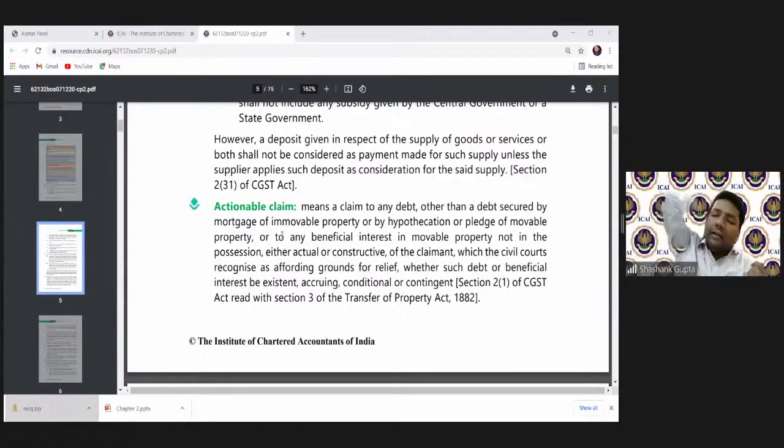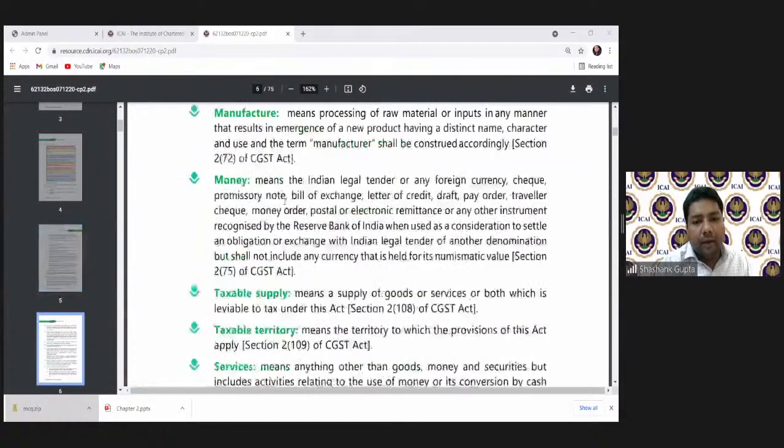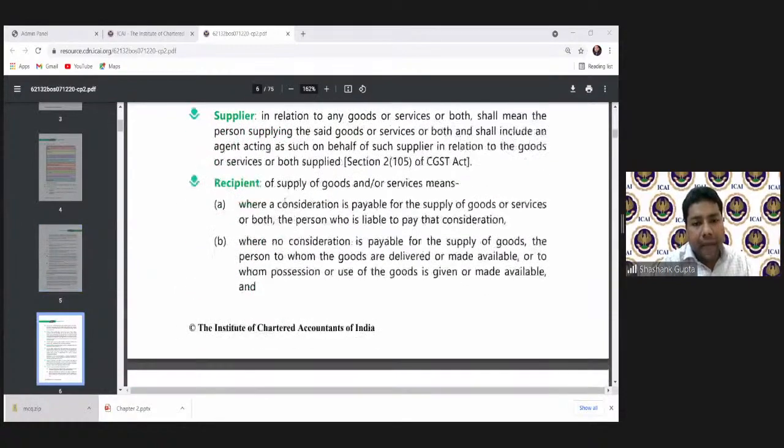And secondly, this right could be existing, accruing, conditional, or contingent. Okay. So in either of those cases, it would complete the meaning of actionable claim.